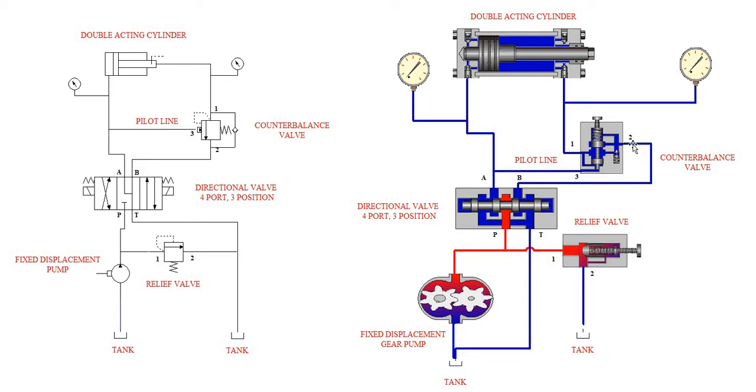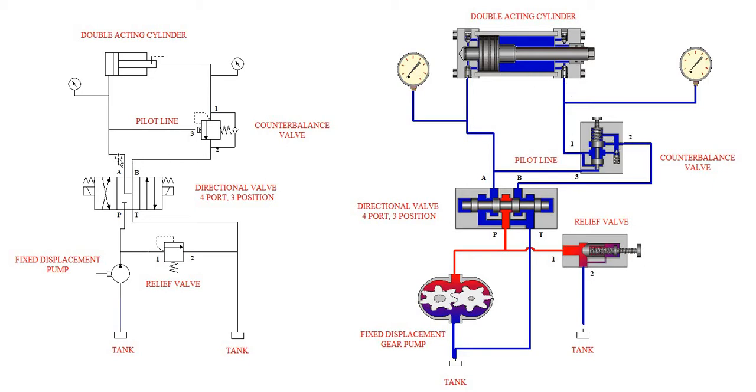So likewise here, 2 to 1 would be over this. This is the poppet type check valve here. Once the pressure reaches the cracking pressure of this small check valve, then you're going to get flow from 2 to 1, and that will make the cylinder retract, obviously.